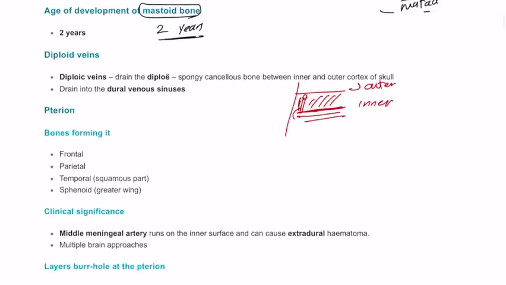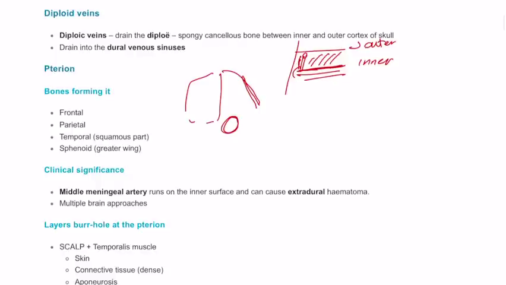The pterion is normally formed by the frontal bone, and then you have the temporal bone coming in here, and you have the sphenoid bone in addition to the parietal bone as well. So parietal, frontal, temporal, and the sphenoid bone form the pterion.